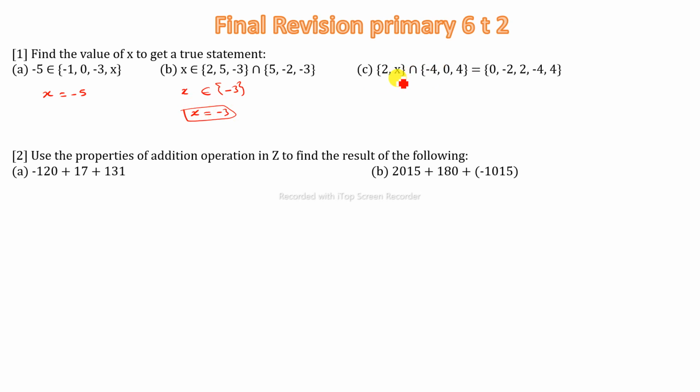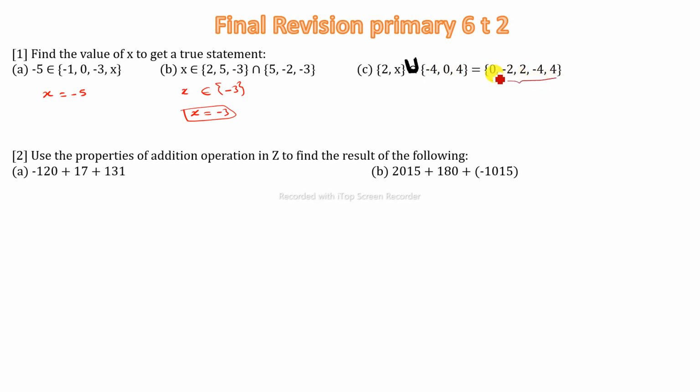Letter C: set 2x intersection negative 4, 0 is equal to the following. Here, letter C: set 2x union the set negative 4, 0, 4 is equal to the set. What does this mean?